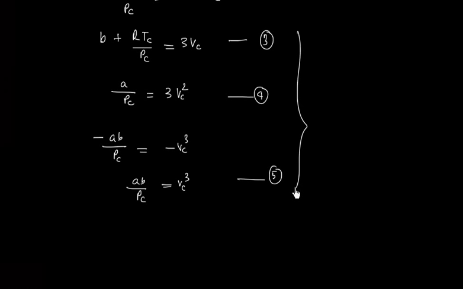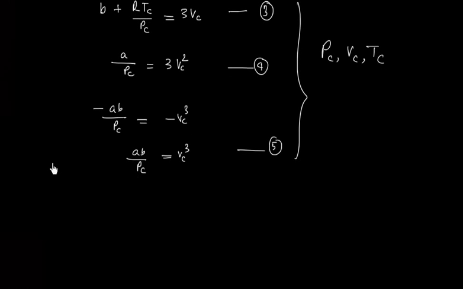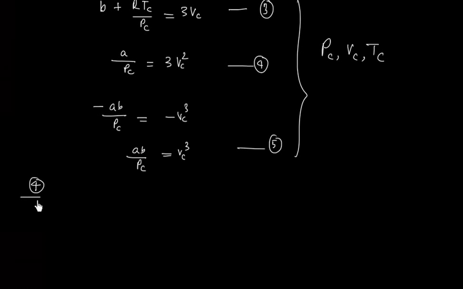Now from these three equations we have to calculate Pc, Vc and Tc. So let us divide equation 4 by 5.